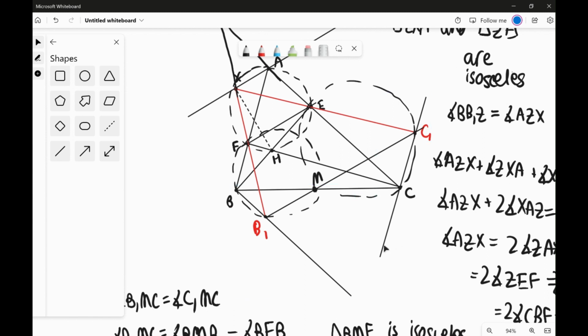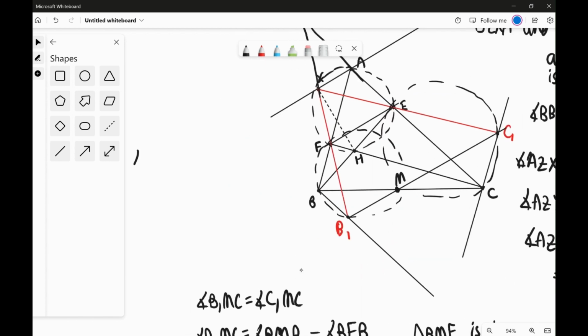So now we wish to prove that BB1C1C are concyclic. And to do so, we will prove that BB1C1 is equal to BCC1. But this should be easy because directed angle BB1C1 is equal to directed angle BB1M, which is equal to directed angle BFM because of their cyclic quads.